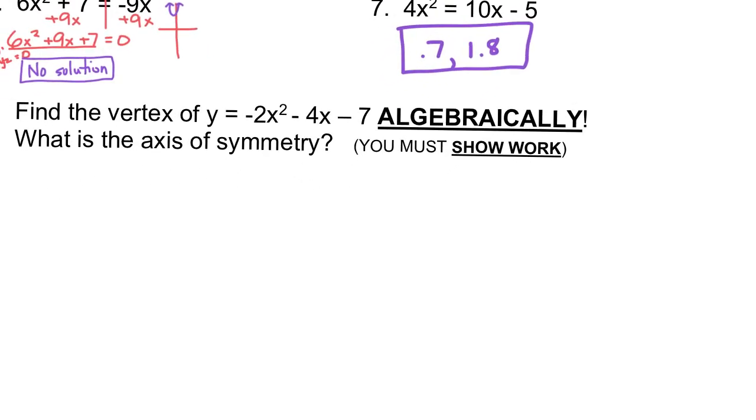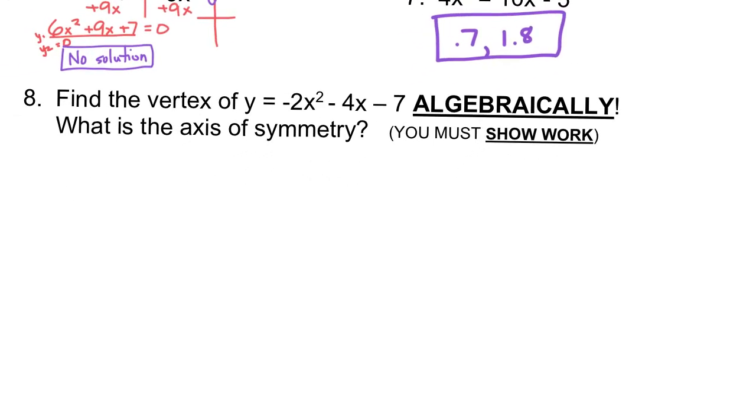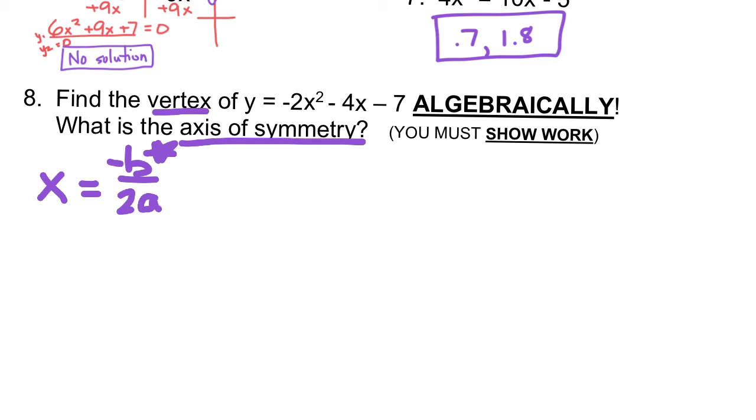Now finally, you'll find the vertex of that equation algebraically. What is the axis of symmetry? You must show work. So to find the vertex, they've given us a hint. This is where we start, the axis of symmetry. Now the axis of symmetry is an x-equals equation. This is on your formula chart, and it's -b over 2a.